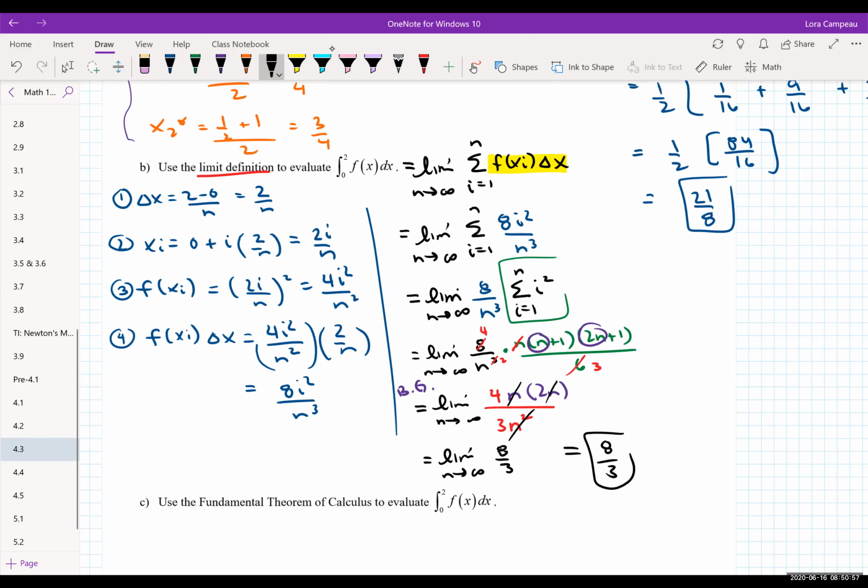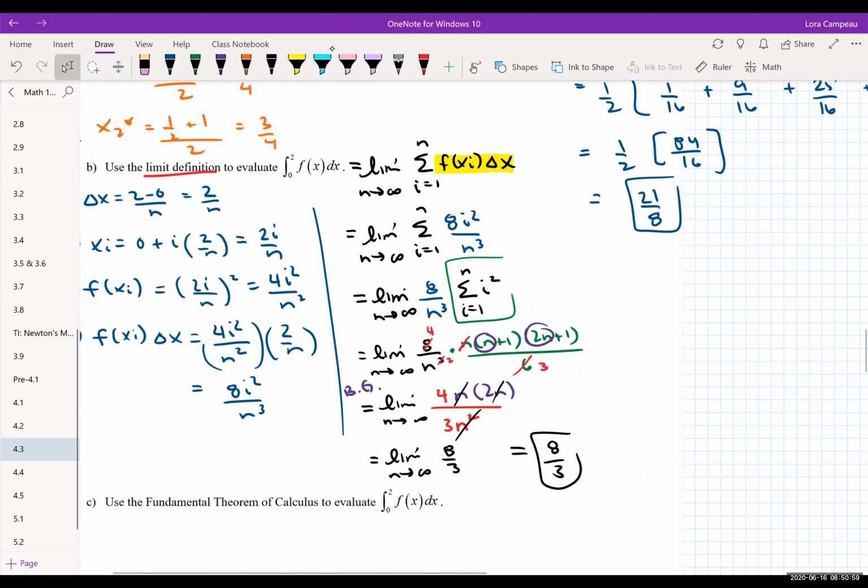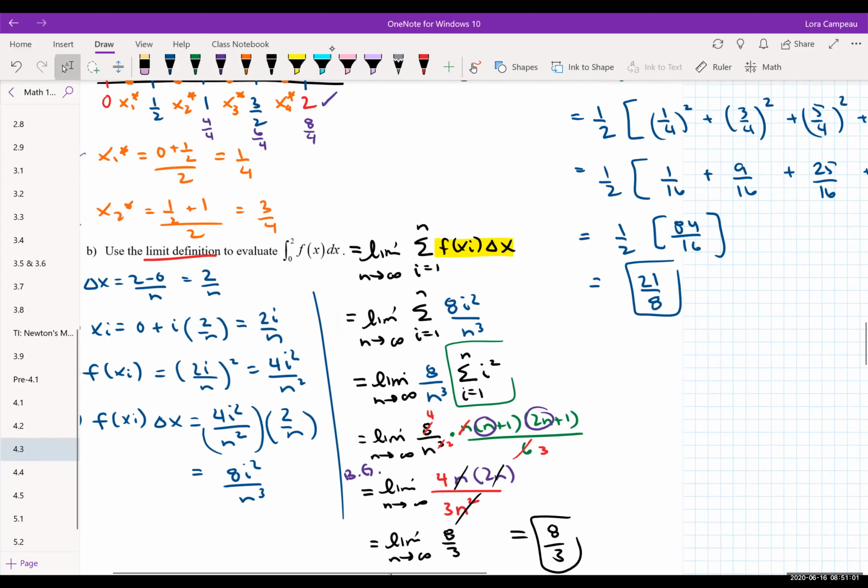So now if you're interested, you could see how close our midpoint approximation was. You can say, what is that equal to? Let me punch it in. You don't have to see this, but I know you know how to do this. 21 divided by 8 gave us 2.625, and 8/3 is 2.66, and so on.